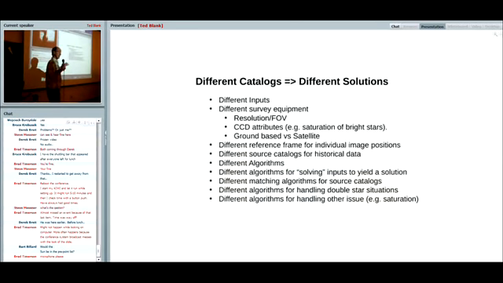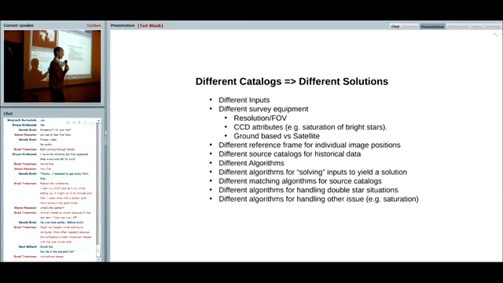Different catalogs come to different solutions. Quite often they use a lot of the same inputs, but they still wind up with different solutions. There are a lot of reasons for different inputs. Different survey equipment, meaning different telescopes and different satellites. The resolution and field of view can be different.